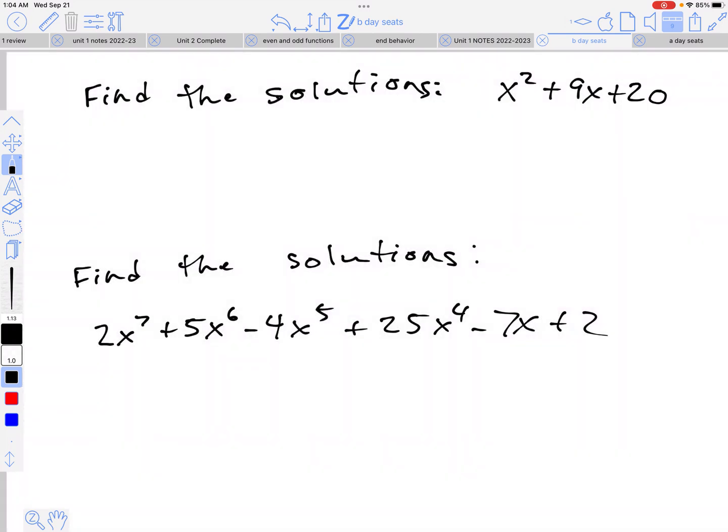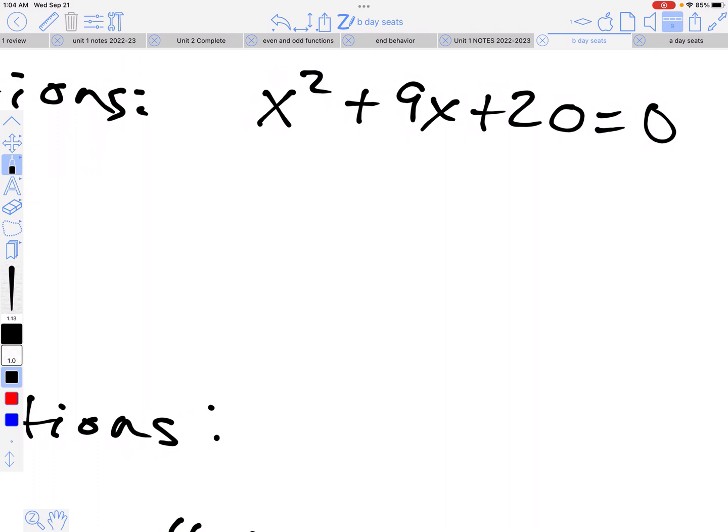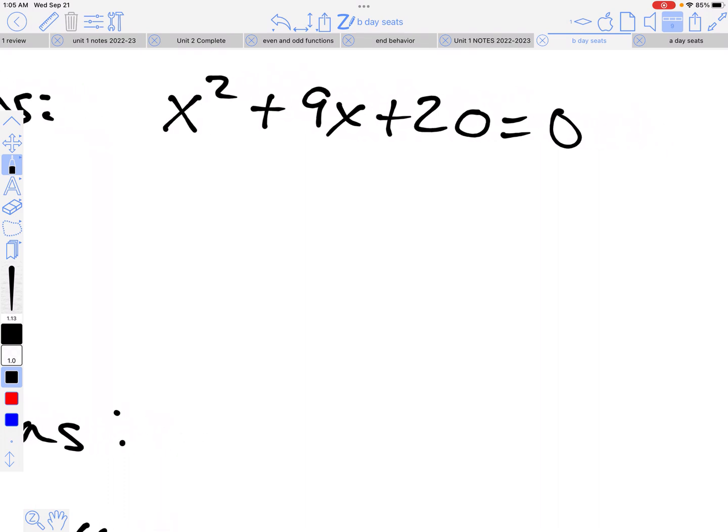Alright, so we're going to throw it back a little bit to last year's stuff. So if I ask you to find the solutions or find the roots of the polynomial, specifically this quadratic right here, think about the strategies you used last year. You had factoring, you had quadratic formula, completing the square, but if you remember, we can't just get x alone.